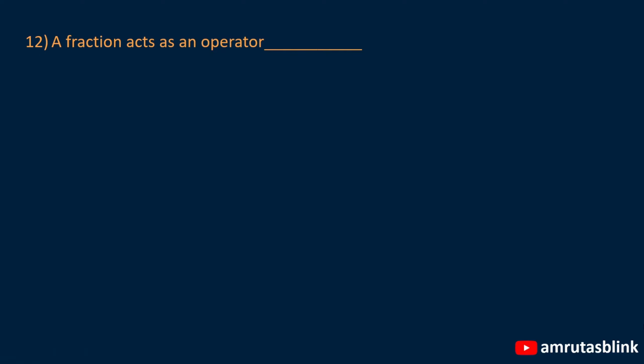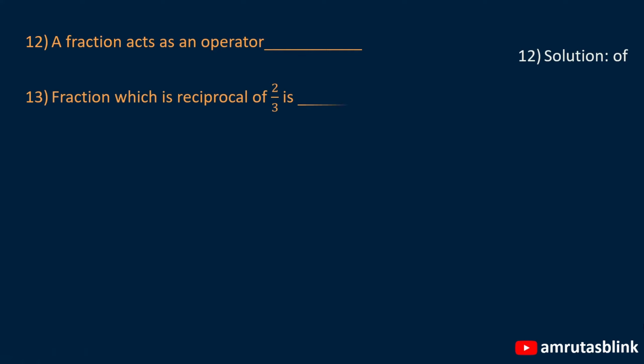So 1 by 2 of 10, what we are actually doing is 1 by 2 into 10. That means whenever we are finding any fraction, any portion of a particular number, a fraction is an 'of' operator. Hence a fraction acts as an operator 'of'.